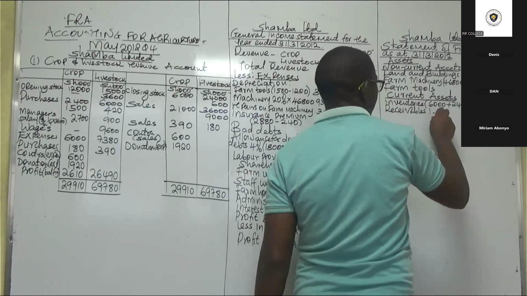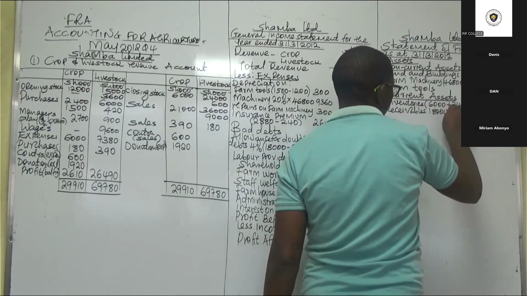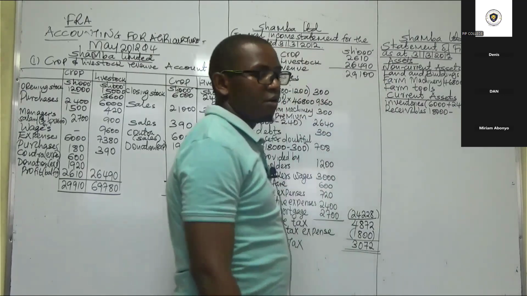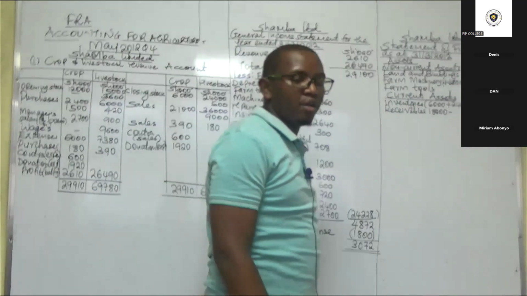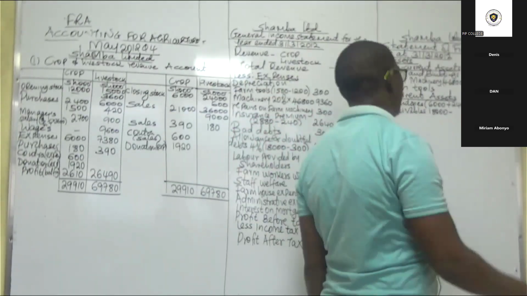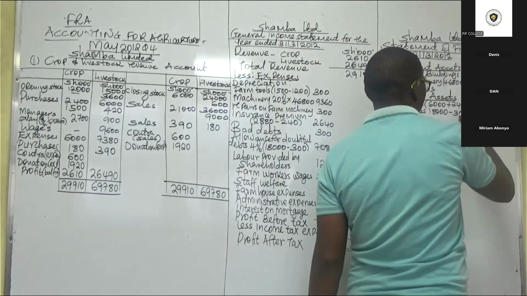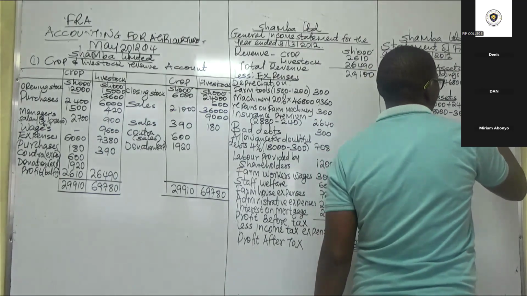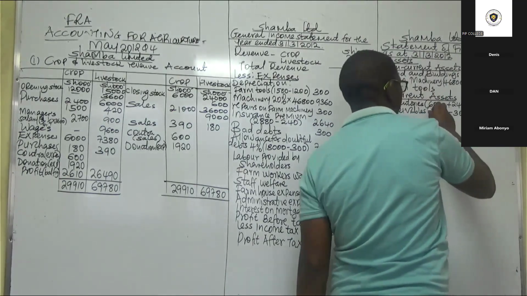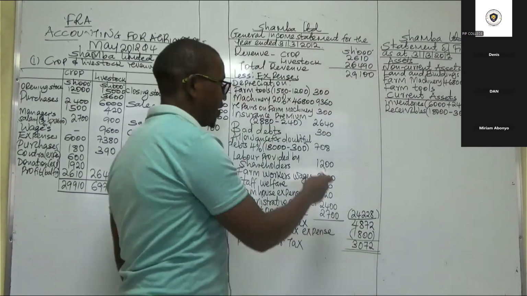Receivables, they were initially 18,000. Okay. There is a bad debt that was written off, 300. And then also a provision of how much? 708.